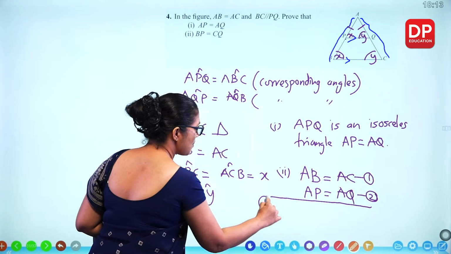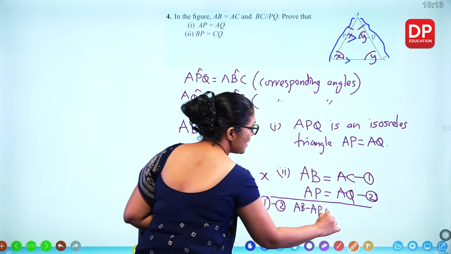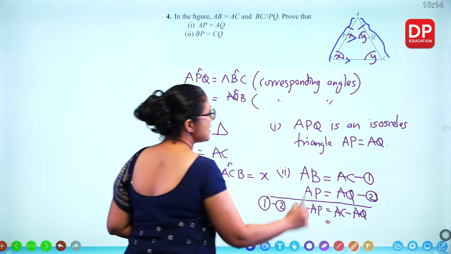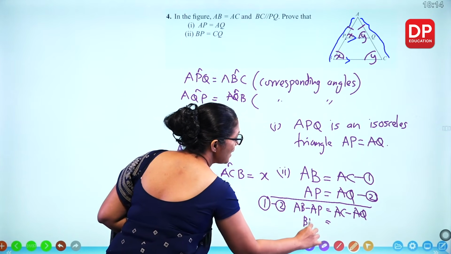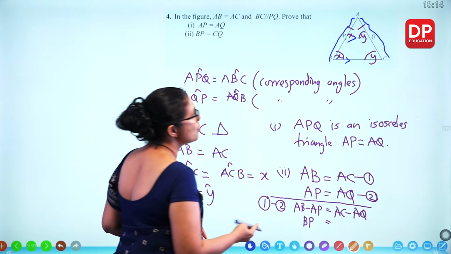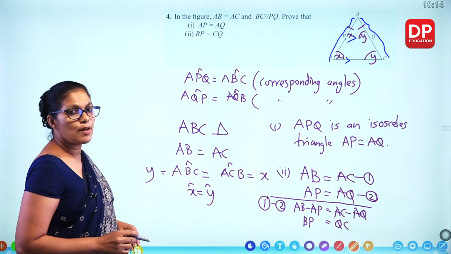So what you get? AB minus AP is equal to AC minus AQ. So what is AB minus AP? You get BP. What is AC minus AQ? You get QC. So these two should be equal.